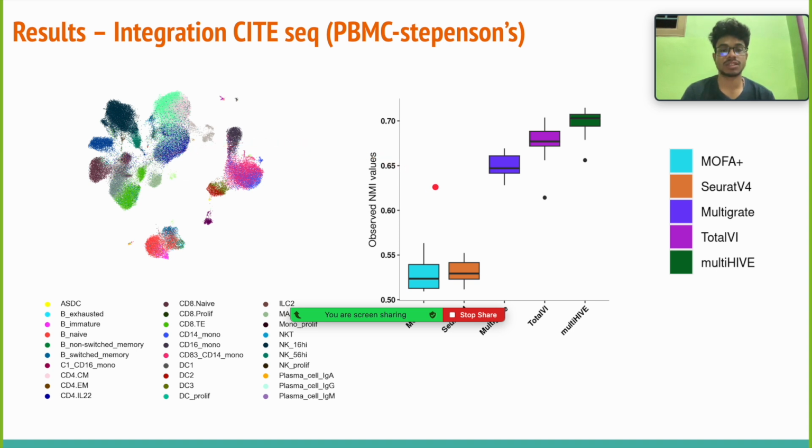We can also see this quantitatively. Quantitatively, we have used latent clustering at different resolutions and compared it with the ground truth to get the NMI values across all the different methods. We can see that multiHIVE was able to perform best in comparison to all other methods.